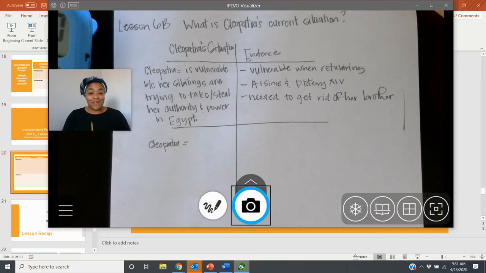Vulnerable being one of our vocabulary terms, but Cleopatra is vulnerable because her siblings, which means her brother and sisters, are trying to take and steal her authority and power in Egypt.